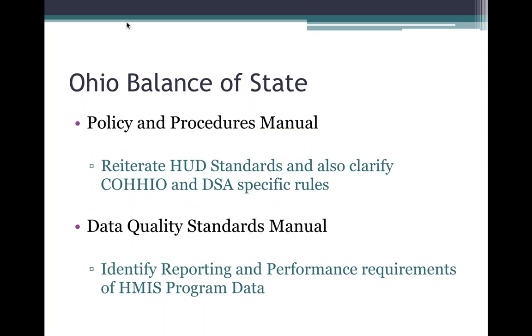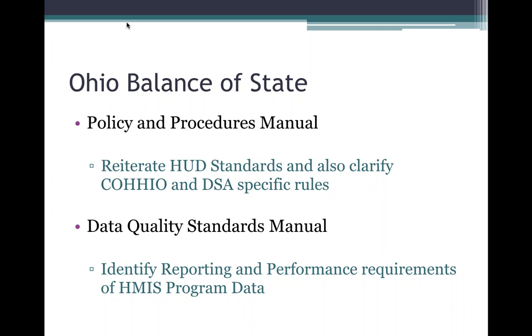So in the Ohio Balance of State, there is the HMIS Policy and Procedures Manual. You should definitely take the time to read that. It's pretty significant information clarifying how we implement HUD's standards and are in compliance with those, and also some things that are specific to the state through Development Services Agency, and also things CoHio has added as the administrator of the HMIS.